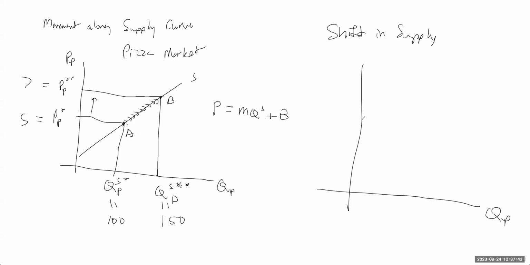we have quantity of pizza, price of pizza. Here's the supply curve for pizza. When something we assume to be fixed changes, it could potentially shift the supply curve. It can cause supply to quote unquote increase.